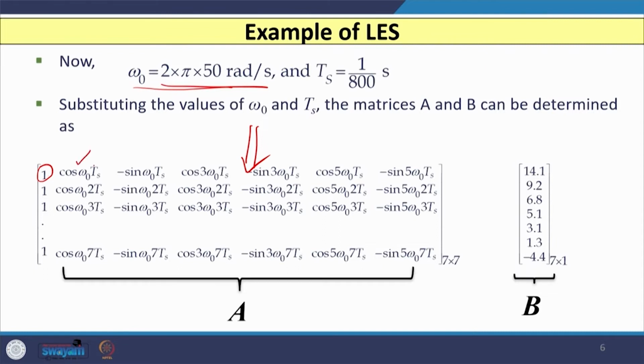Then you have cos omega 0 Ts, because this is sample number 1, then sin omega 0 Ts, and similarly up to sin 5 omega 0 Ts. Then for sample number 2 you have the second row, and similarly when you consider the 7th sample, you have the coefficients from the DC term to sin 5 omega 0 7 Ts. So, the size of this A matrix is 7 by 7.